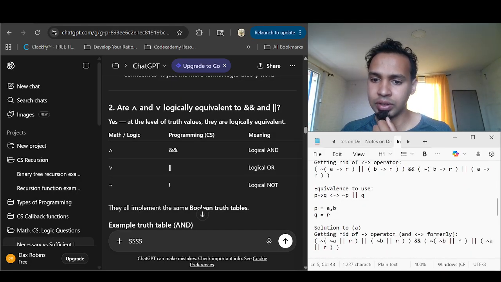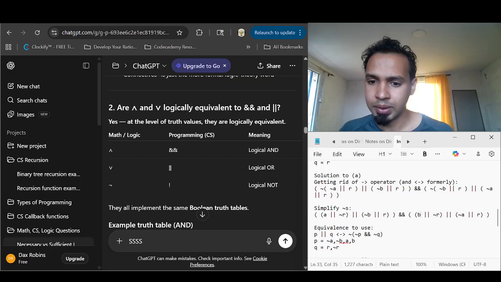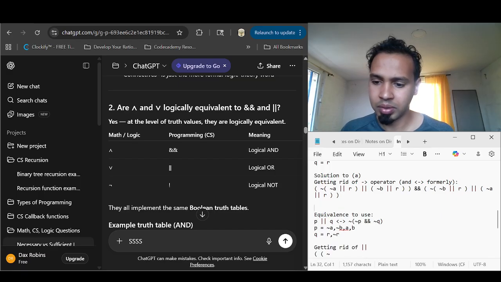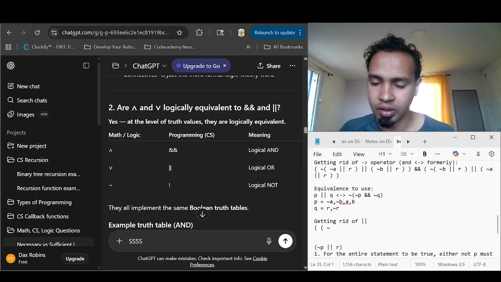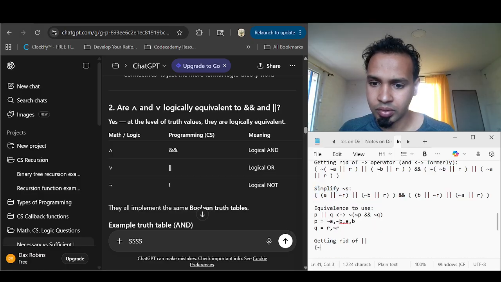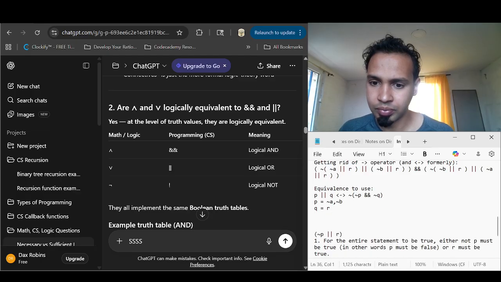Am I even allowed to do that? Oof. I guess we won't simplify the nots because I don't want to risk getting the answer wrong. So let's just leave it as it was before.